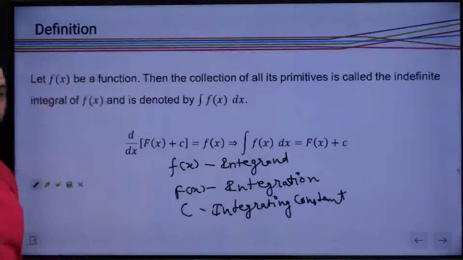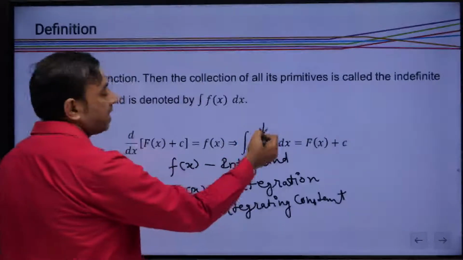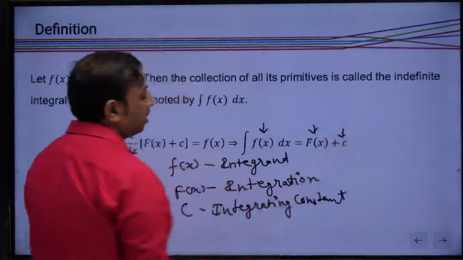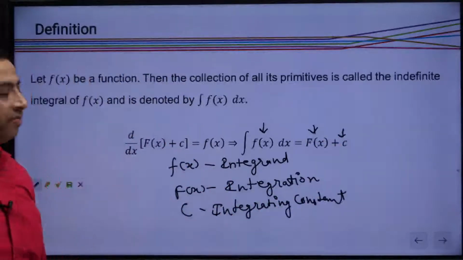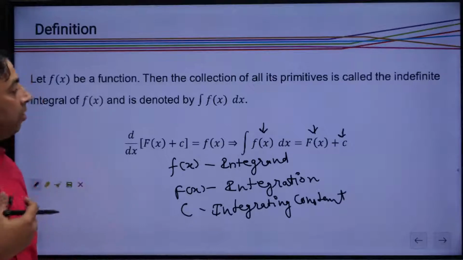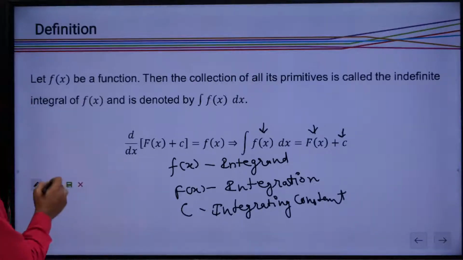So these are the symbols that we use in integration. My fx is the integrand, this is the integration of the function, and this is the integrating constant that we need to add to get all possible primitives. This is how we define integration.